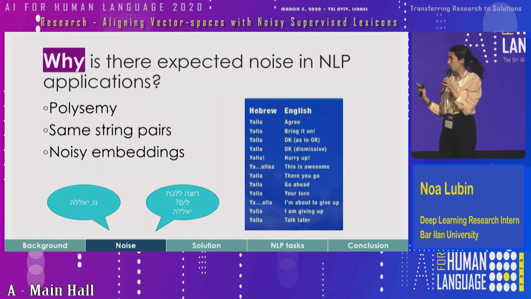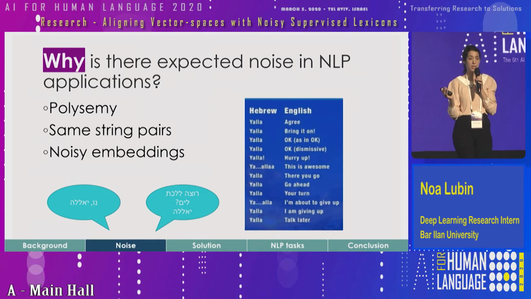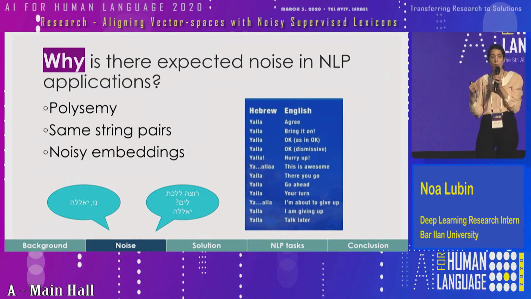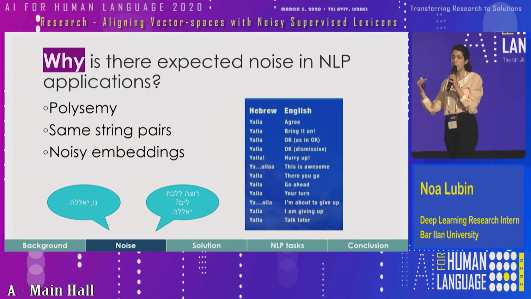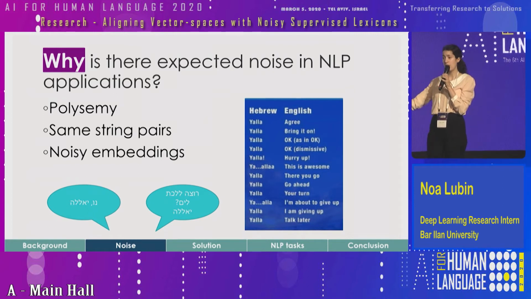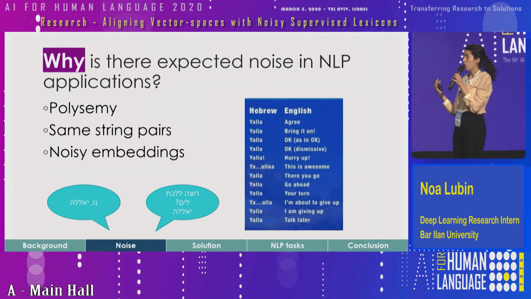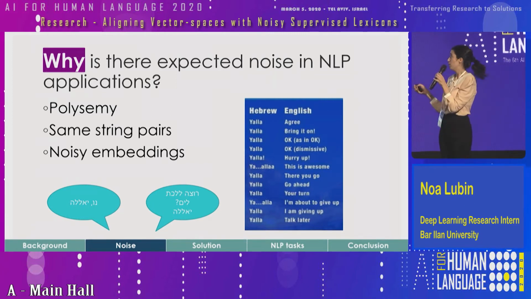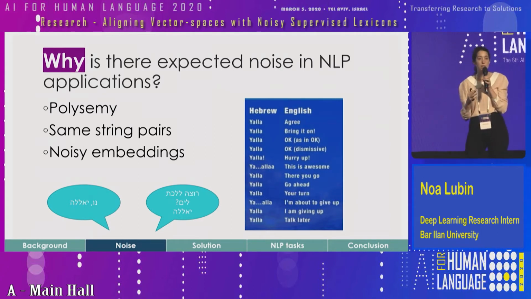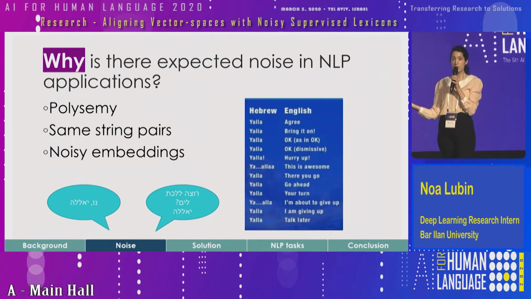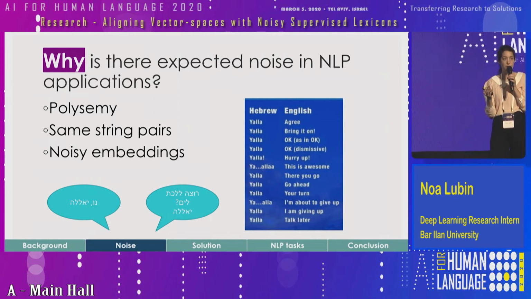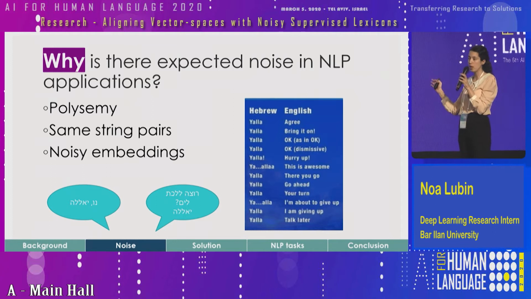The first reason is polysemy. In languages, we have multiple meanings for the same word. So if I want to project one word that has several meanings on top of a word in another language, I need to choose the best fitted one. Also, we have the problem of same-string pairs. For example, if I translate the proper noun the New York Times to Spanish, usually it will appear as the same proper noun, the New York Times.